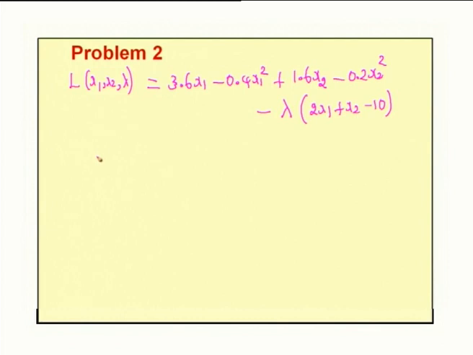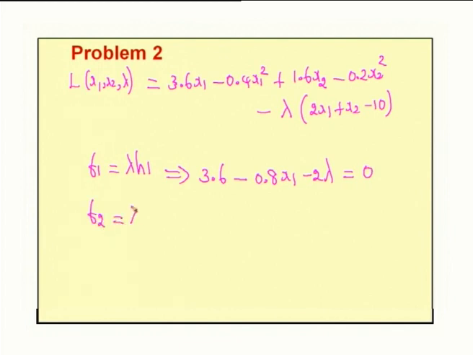Now, we will make use of the necessary condition f1 equal to lambda h1, which gives us from this equation 3.6 minus 0.8 x1 minus 2 lambda equal to 0. And the second condition f2 equal to lambda h2 implies 1.6 minus 0.4 x2 minus lambda equal to 0.